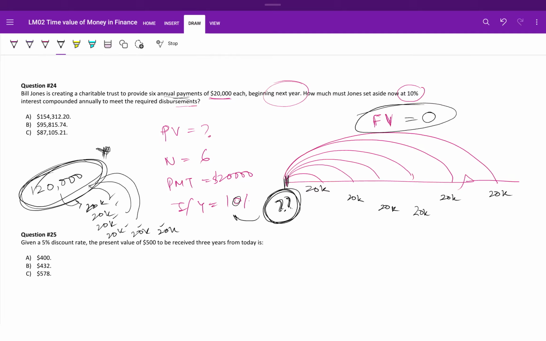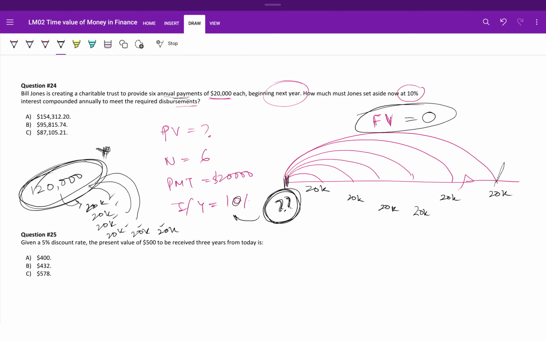So that's what they're asking: how much money should I set aside right now so that I am able to take out 20,000 installments for 6 years. And by the end of the sixth year, I am free from my obligation, since I am creating a charitable trust.